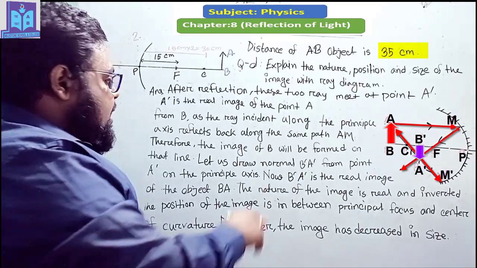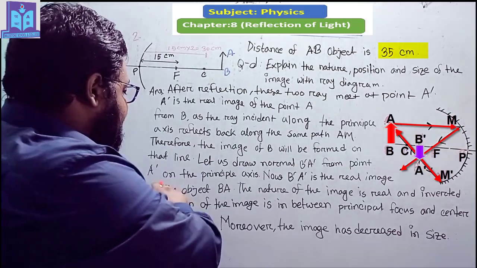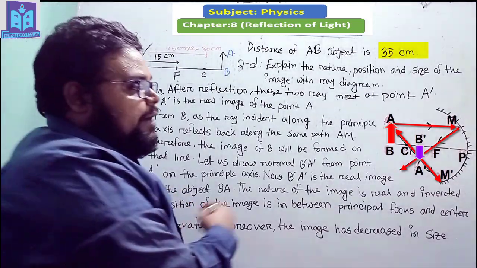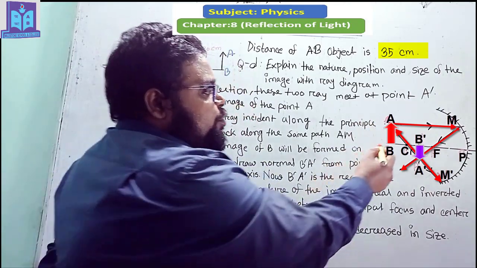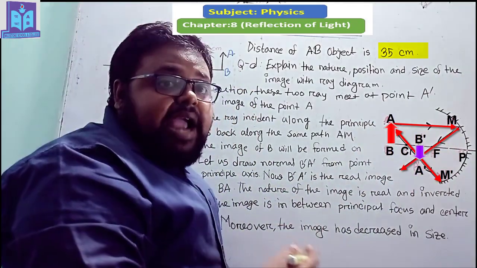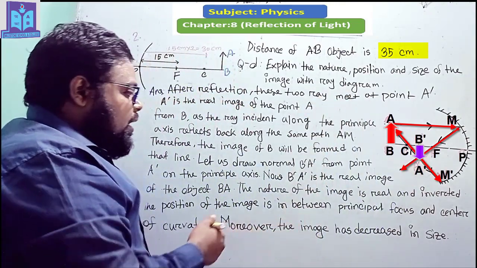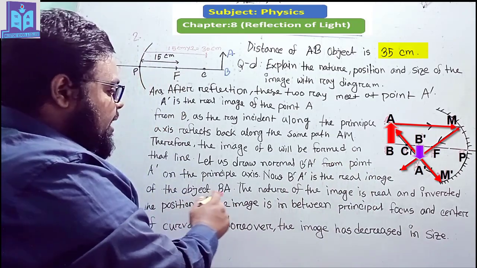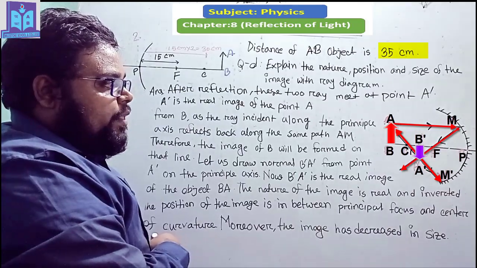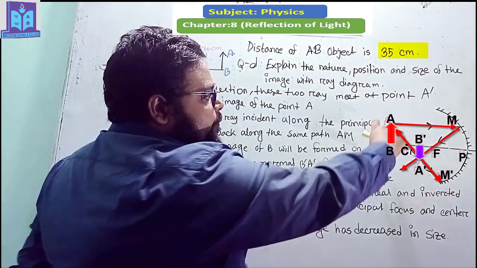Let us draw a normal B'A' at the point A'. That means I have to draw a normal from the A' point to the main axis, and the normal will be A'B'. So B'A' is the real image of the object BA. That means B'A' is the real image of AB.